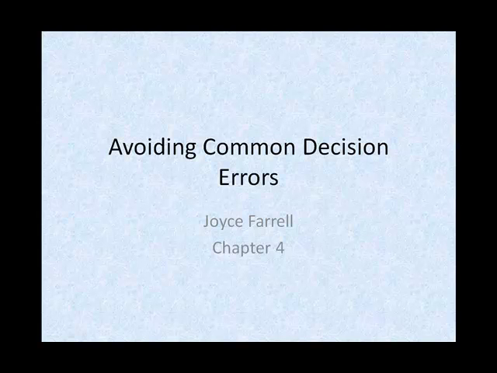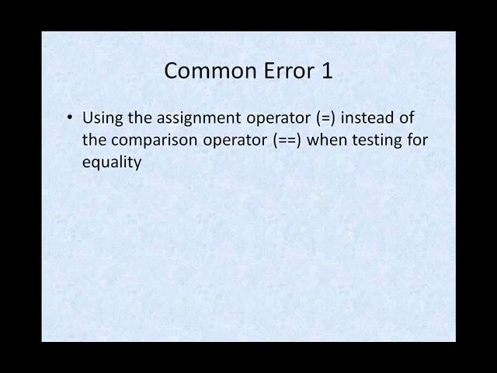I want to show you how to avoid some common decision errors. The first error we'll talk about is using the assignment operator, which is the single equal sign, instead of the comparison operator, which is the double equal sign, when you want to test two variables or constants to see if they're equal.